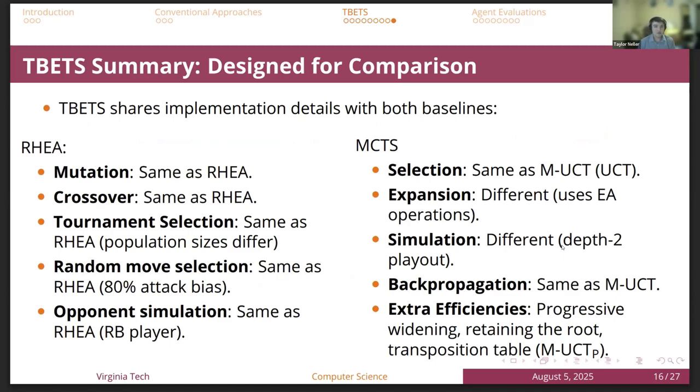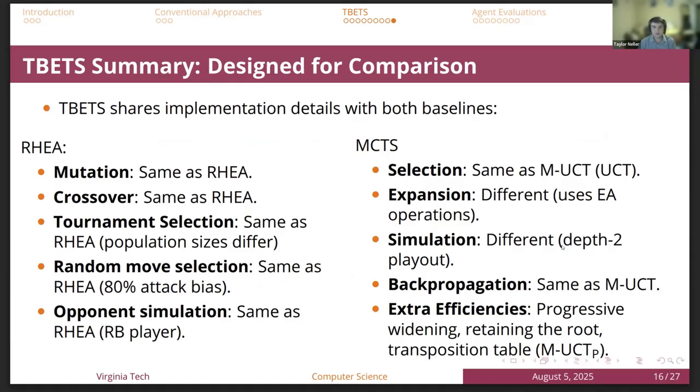So here we have a summary of comparison of T-bets versus both of its derivative algorithms. We try to keep things pretty much exactly the same as much as possible. So we keep the same mutation and crossover, tournament selection, random move selection, and opponent simulation as the RIA algorithm.